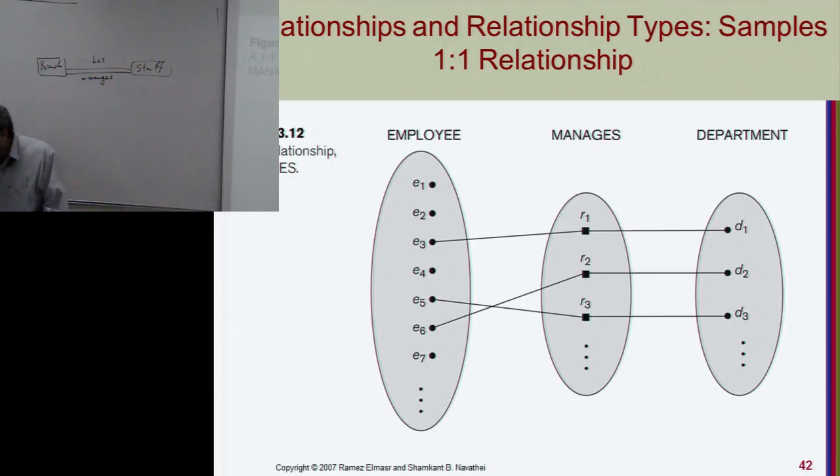Now again, you'll find that Department 1 is managed by E3. By the way, you can write something like this: staff manage branch, or you can say branch is managed by staff. If you read the other way around, just convert the verb. So I can write "is managed by".